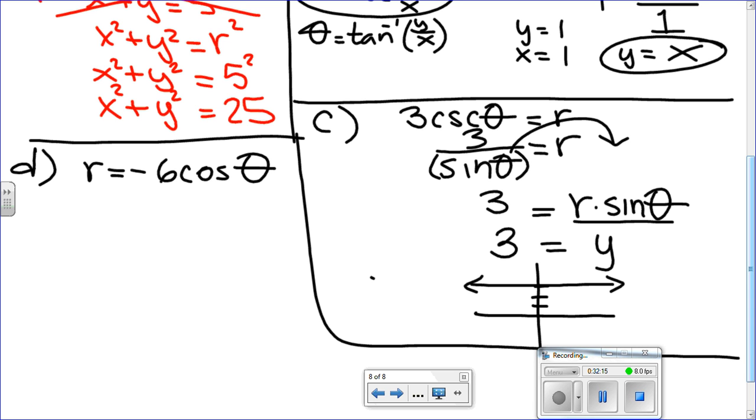Ooh, I remember. Replace cosine? No, we want to keep cosine. If it was secant, yes. I would say this is cosine. So this is going to be like a weird trick, and I have to look at the book so I can remember. We multiply everything by r, so let's just write it. Multiply by r on both sides.